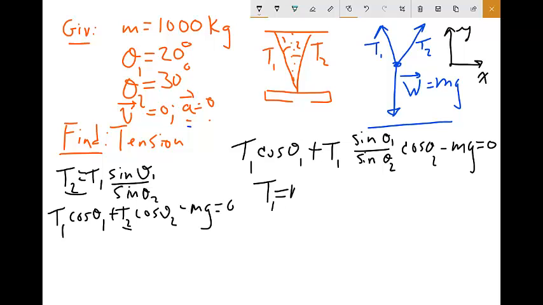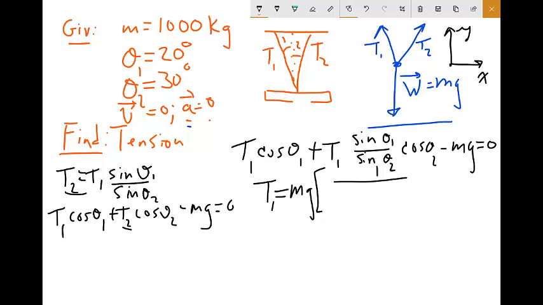So that's going to be equal to mg times a big sloppy looking thing, so 1 over. I've moved mg over to one side of the equation. I've separated out T1, and then I'm taking the quantity that multiplies T1 and putting it in the denominator on the other side.